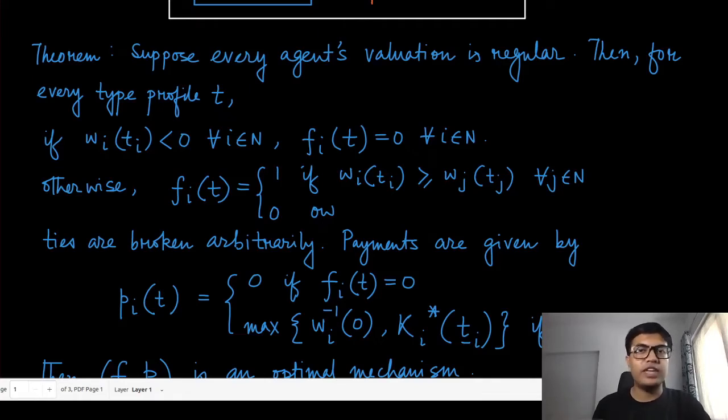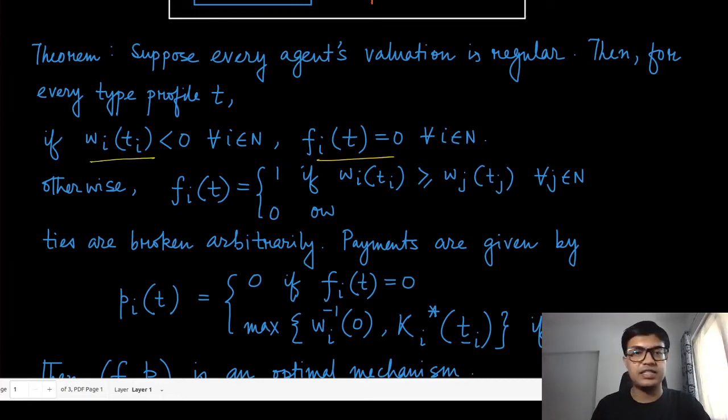So suppose every agent's valuation is regular, that is an assumption that we will start with, and for every type profile, then the following things should happen for the optimal mechanism. So if the virtual valuations are all negative for all these players, then it is best to not sell the object. That is what the optimal value of that optimization problem would give you.